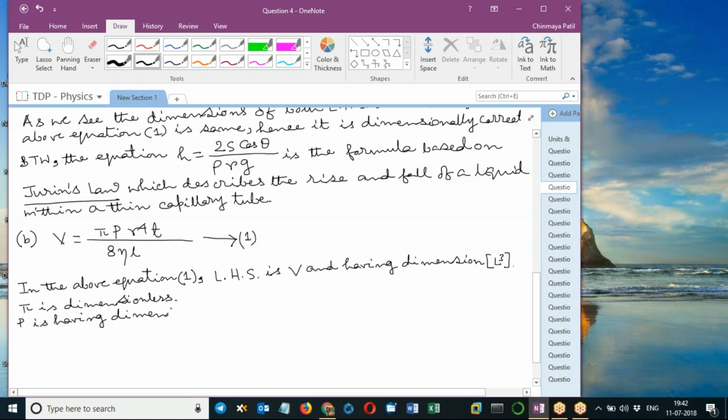P is having dimension M L power minus 1, T power minus 2. Now, what is the dimension of R power 4? L power 4. Yeah.